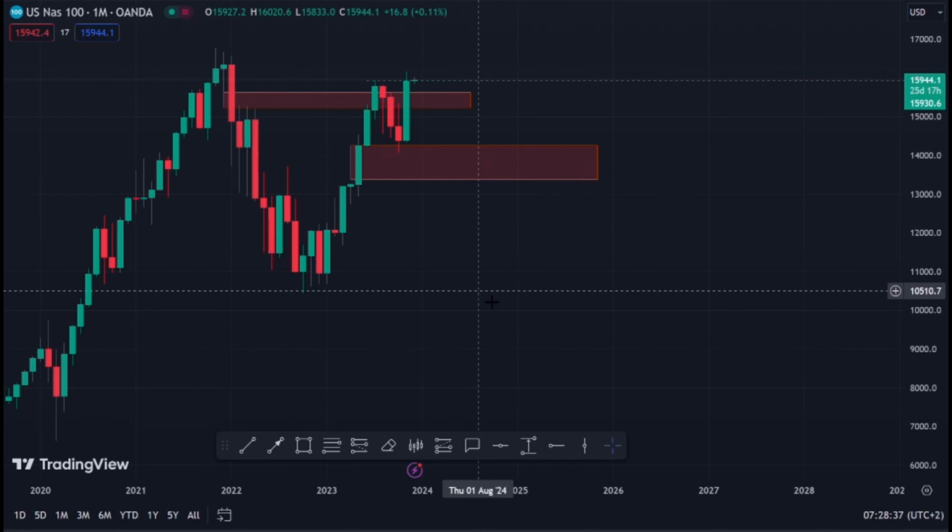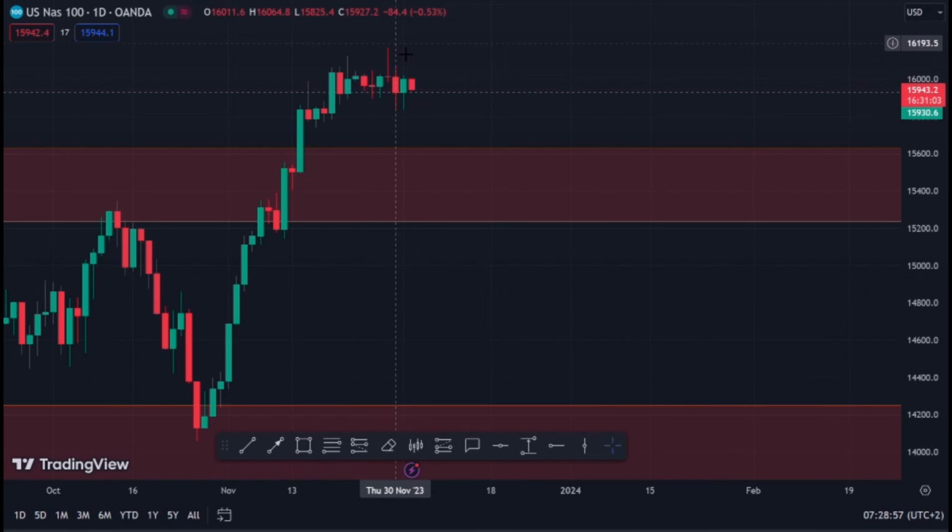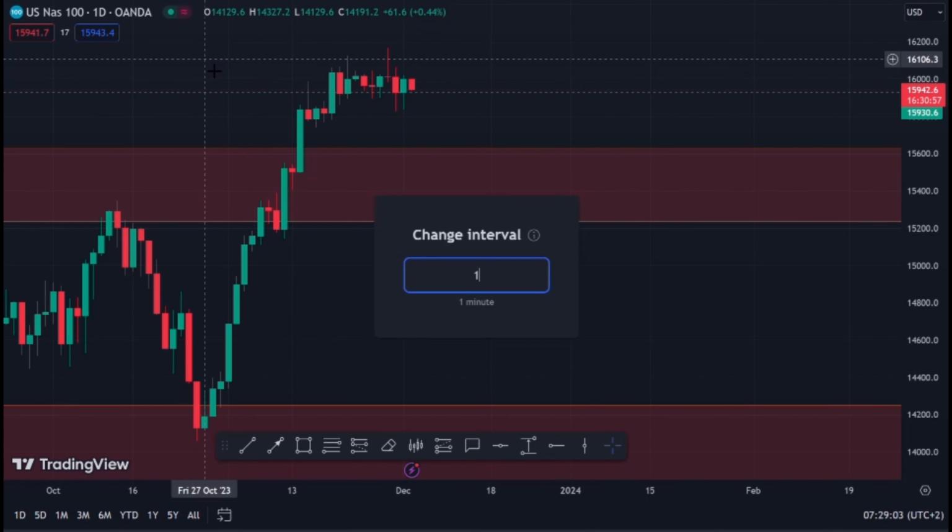I did say that the last week of November has to set a high, on one of my lives on TikTok, which I have to do today. So I did say Nasdaq has to set a high, and it did exactly that. It set a high in the last week of November, here. It took liquidity, did all those things for us.